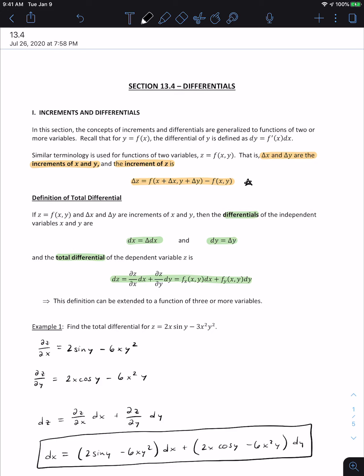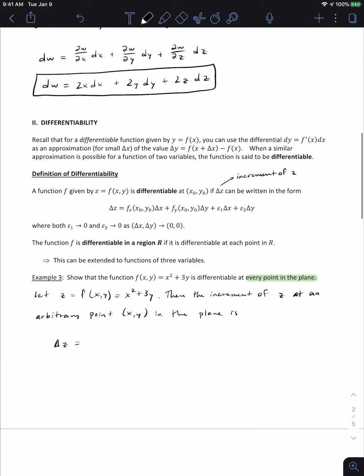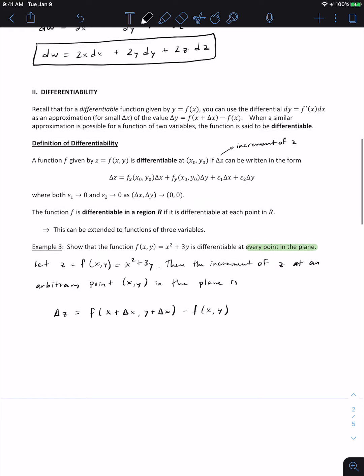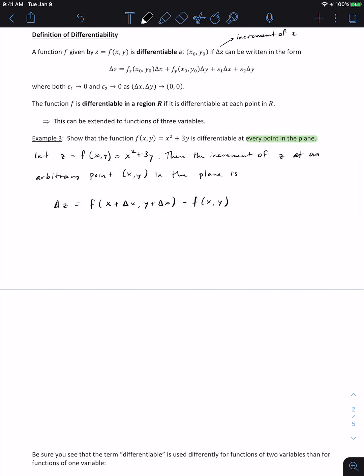It looks like f of x plus delta x, y plus delta y, and then we subtract f of x, y, right? That's that formula there. So this is what a generic increment of z is. Now we're going to use our function, which is x squared plus 3y, but now I'm plugging in this for my x and this for my y. Oops, this should have been a y.